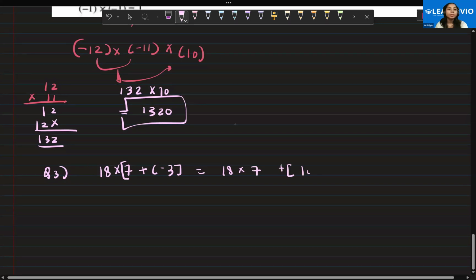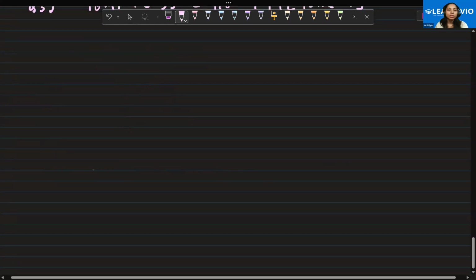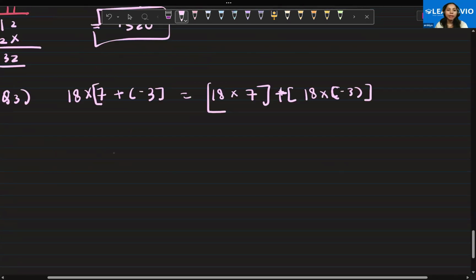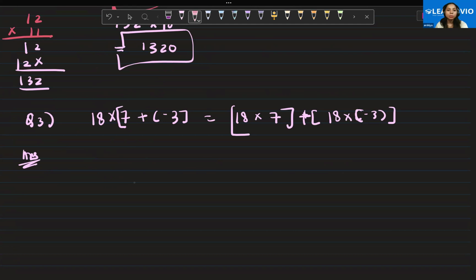So what we're going to do is solve both the sides and check whether this is equal. First of all, we solve what's inside the bracket. 18 multiplied by 7 plus minus 3. On opening the bracket, plus and minus will become negative. So 7 minus 3 will be 4. So here we have 18 into 4.